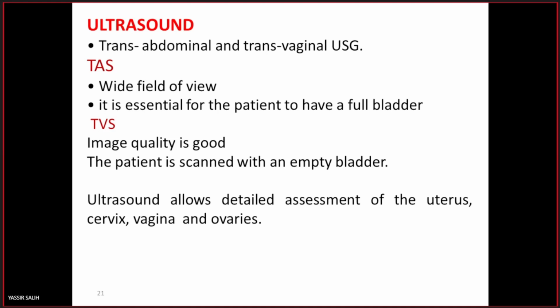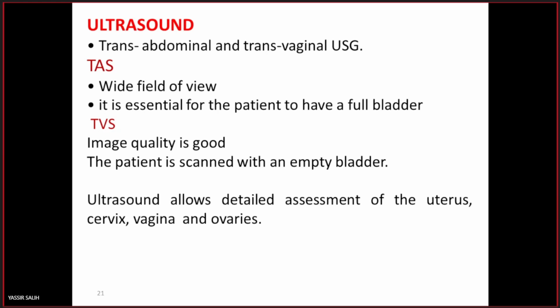Ultrasound, دايما in male قلنا عندنا transabdominal ultrasound and transrectal ultrasound. In female, the ultrasound can be done through the anterior abdominal wall, transabdominal ultrasound, and also it can be done by transvaginal technique, by insertion of a specially designed probe through the vagina for assessment of the pelvic organs, the uterus and ovaries.